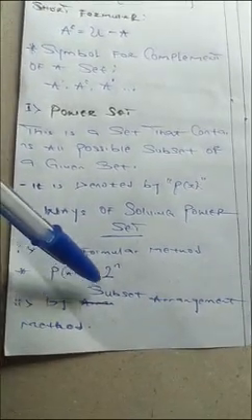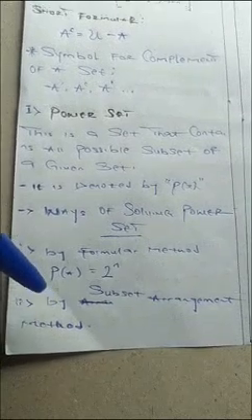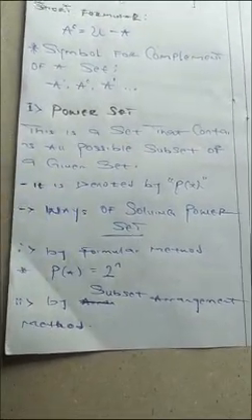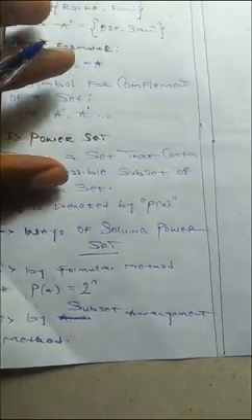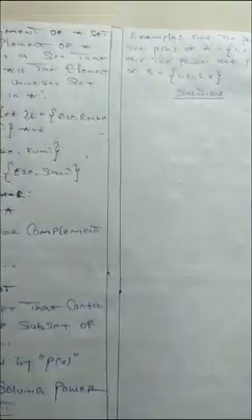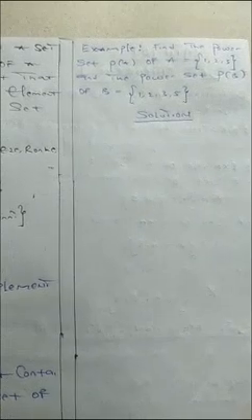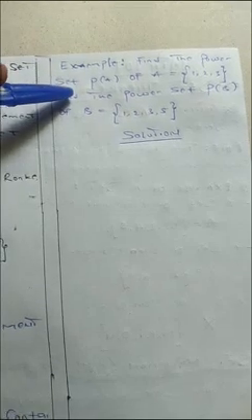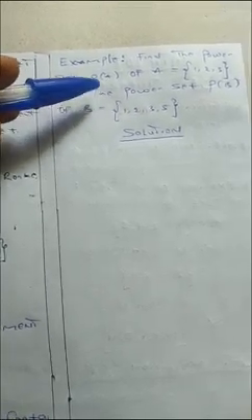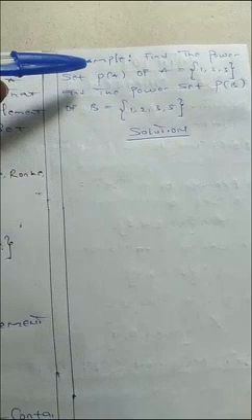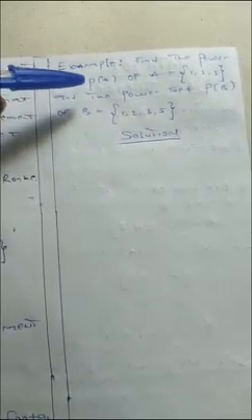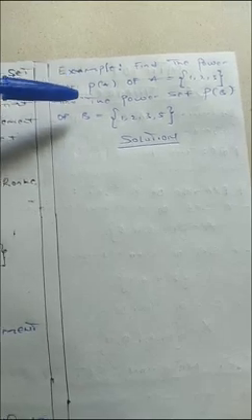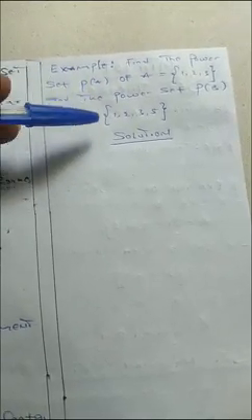Now we have number 2, which is the subset arrangement method. Let's give an example which will clear up these power sets. Find the power set P(A) of A equal to {1, 2, 3}, and the power set P(B) of B equal to {1, 2, 3, 5}.